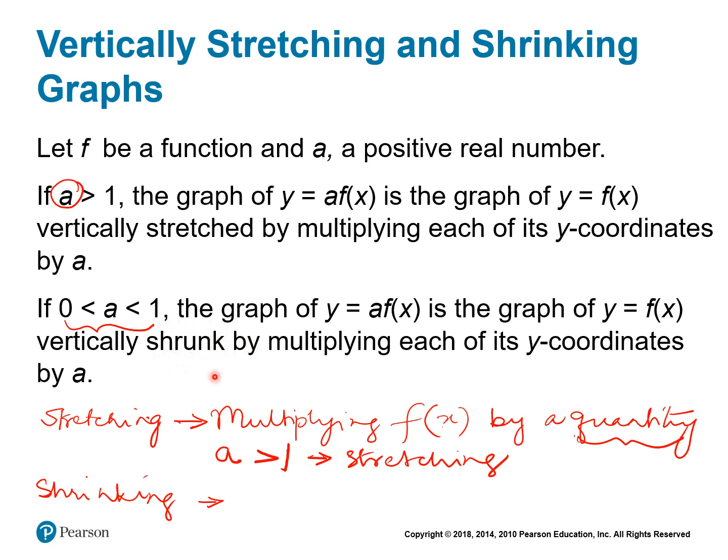So let me write that here. In shrinking, a is a value between 0 and 1, and then the graph shrinks. When you stretch a rubber band, it becomes tall and narrow, right?